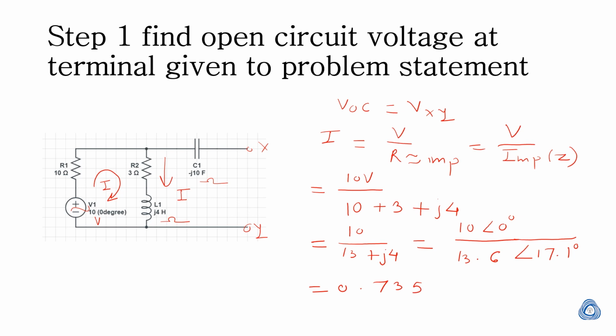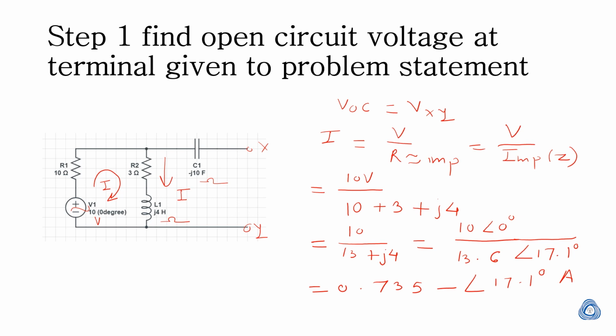We know that in angle division, we subtract the angle of the divisor from the dividend. So it is minus 17.1 degree. So this is the current, and the unit is ampere. Don't forget to write the unit because it is very important. Whenever you are solving any numerical, you should be very clear about your unit.